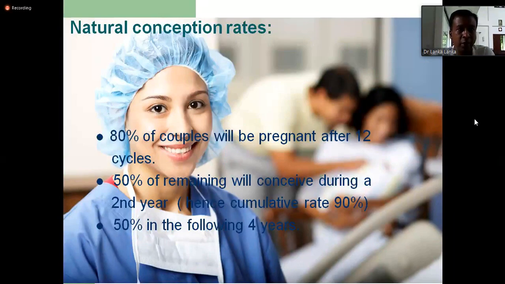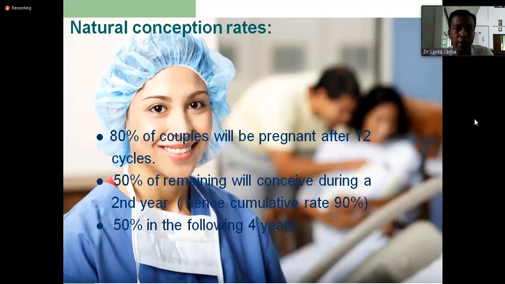This slide shows the natural conception rate. If you take 100 couples, 80% of them will get pregnant after 12 cycles, which means 1 year.